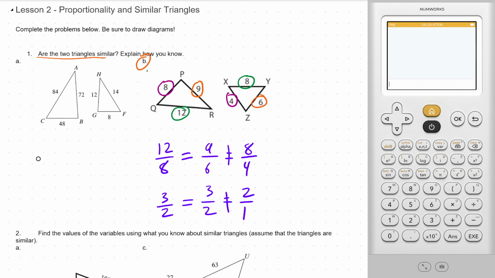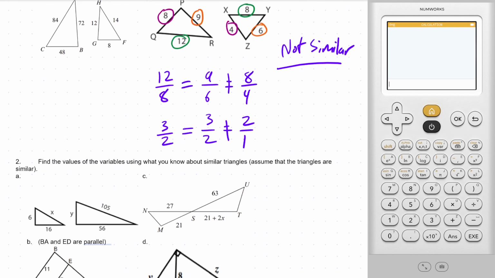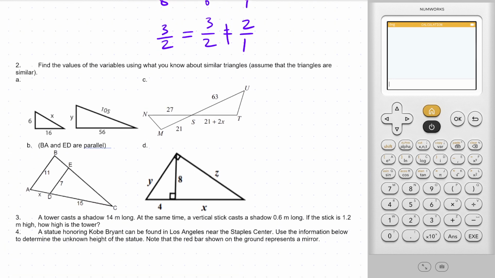Since we don't have this consistent proportionality statement across all three sides, we can determine that these two triangles are not similar. All right, so I'll let you figure out part A to set up a similarity statement like I've done here. And let's go on to number 2.